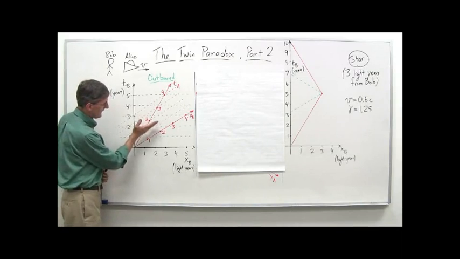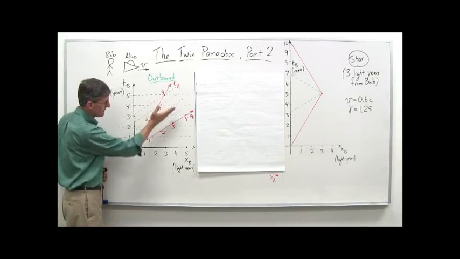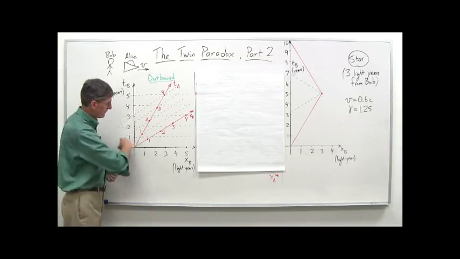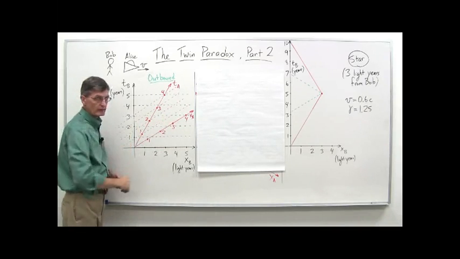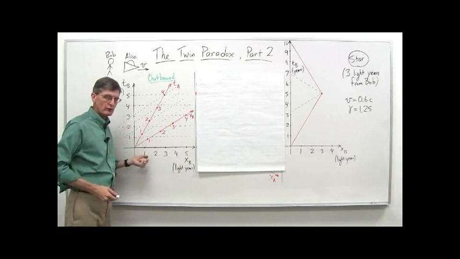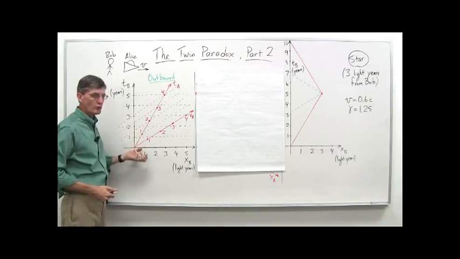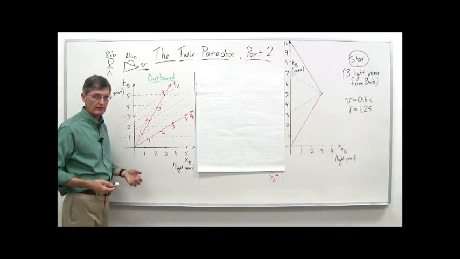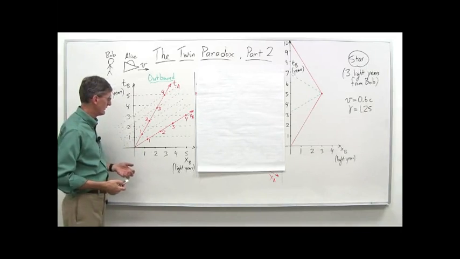So the dashed red lines are the lines of simultaneity for Alice. The black lines, the horizontal lines, are the lines of simultaneity for Bob. And as we've noticed before, this can show us that both of them see the other's clocks running more slowly than theirs.